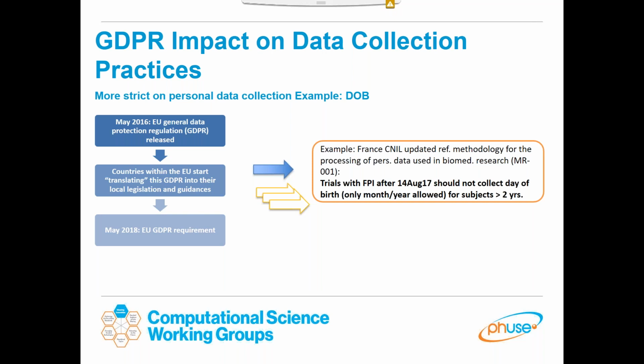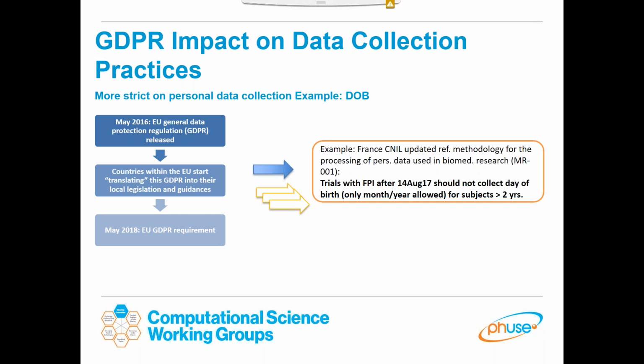And that example that I want to speak about is date of birth. So you know the regulation is becoming more strict on this personal data collection. Health information is many times spoken about in this regulation.